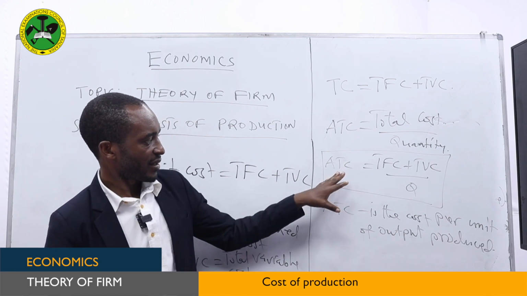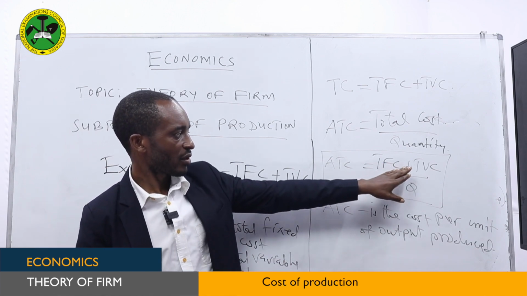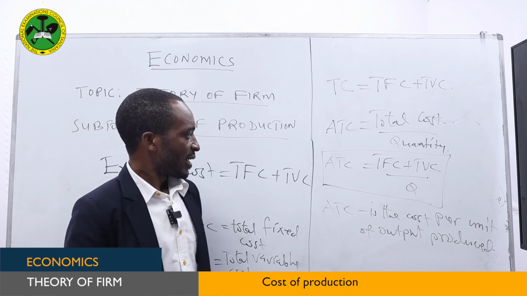So you get average total cost by taking the total cost divided by Q.